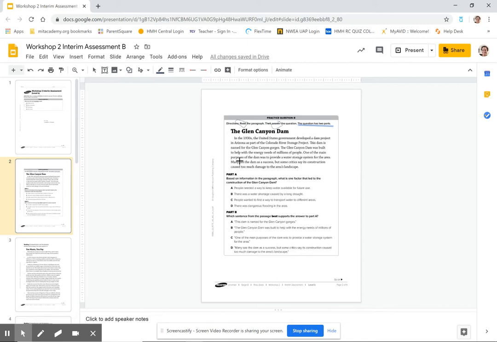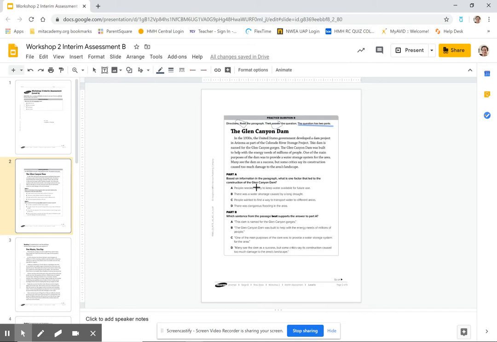One of the main purposes of the dam was to provide a water storage system for the area. Many see the dam as a success, but some critics say its construction caused too much damage to the area's landscape.